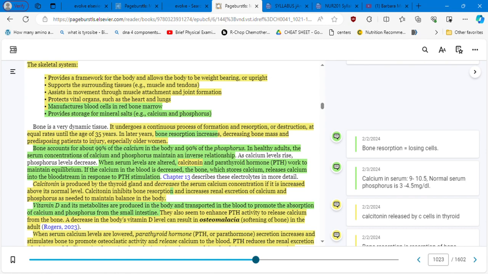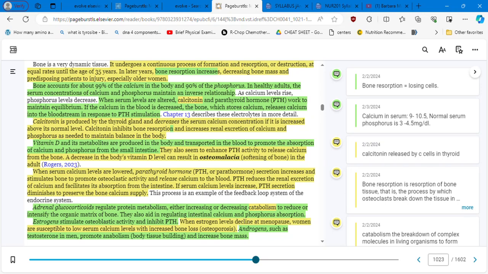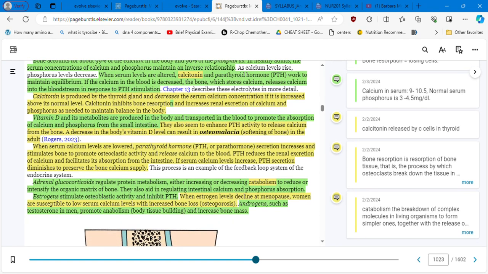Vitamin D and its metabolites are produced in the body and transported in the blood to promote the absorption of calcium and phosphorus from the small intestine. They also seem to enhance PTH activity.